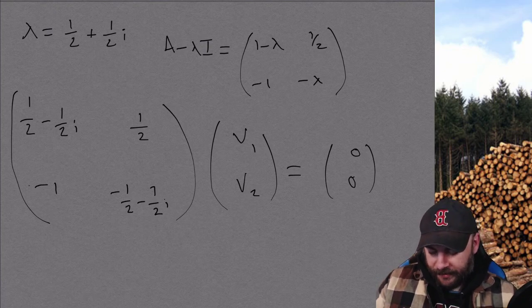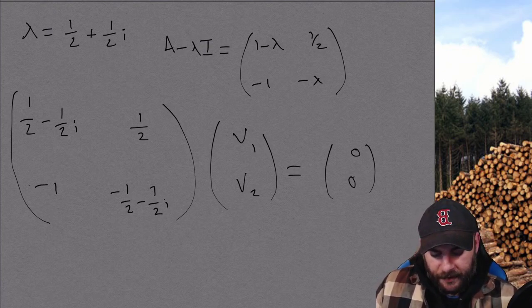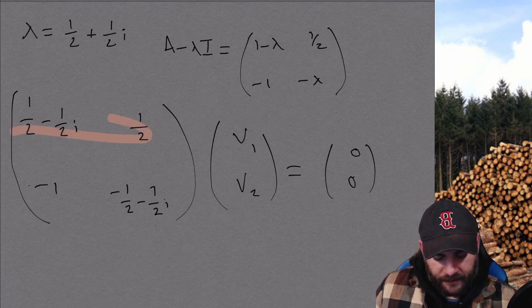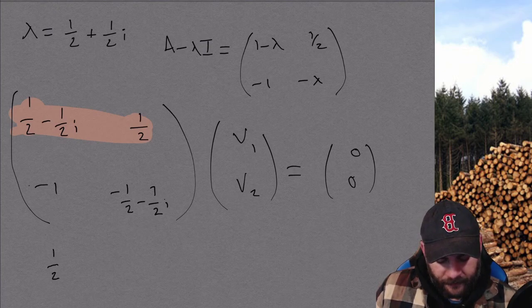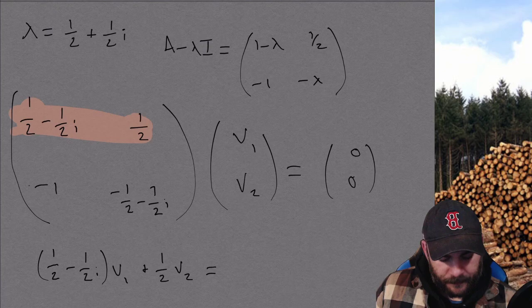I'm writing large, leaving myself a lot of space. But what we can always do is choose one of these rows, because they carry redundant information. So I'm going to use this one. I have 1/2 minus 1/2 i, all that times V1, plus 1/2 V2, supposed to equal 0.